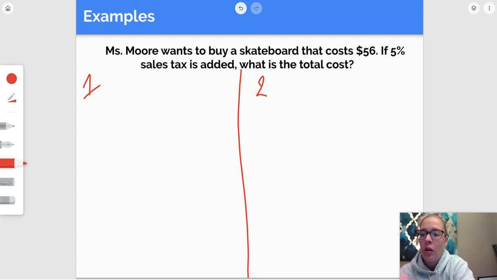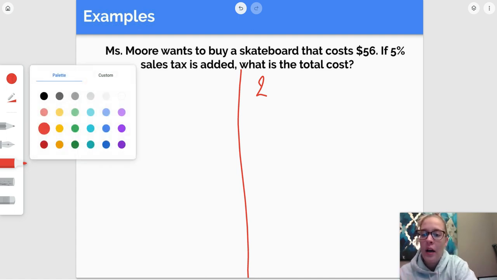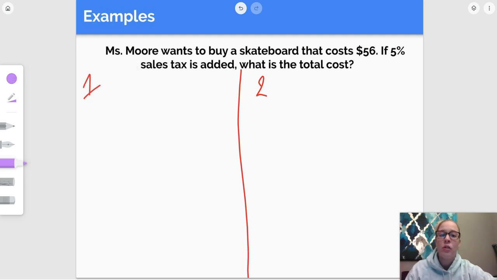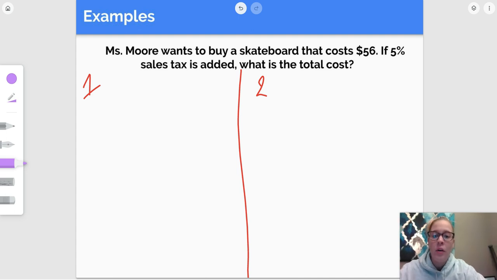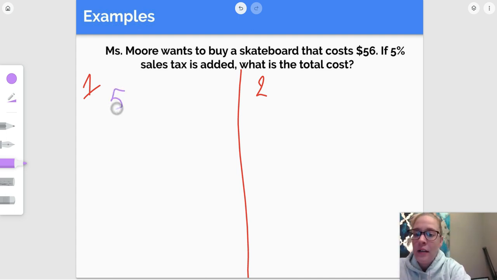All right, so my first method, right? My steps are going to be find the amount of tax, and then add it to your cost to find your total cost. So for example, 5% of 56, right? That's going to give me my sales tax. 5% of $56.